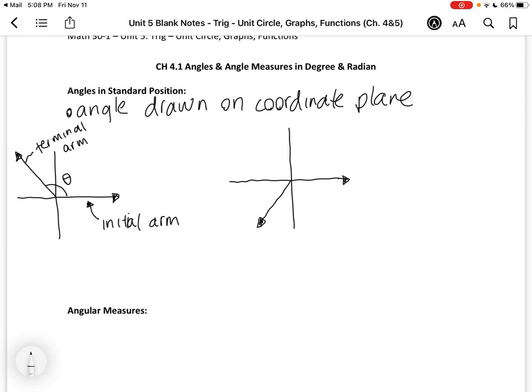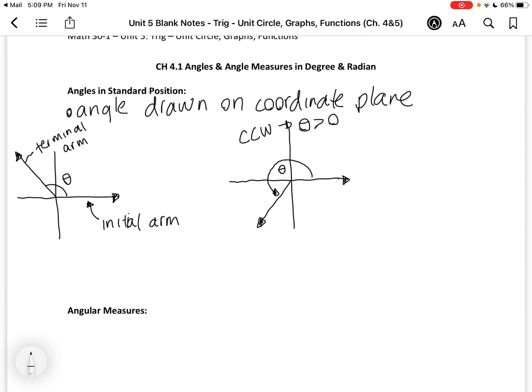If I go in a counterclockwise direction and look at the angle theta, then that angle is a positive measure. Okay, so theta is positive.